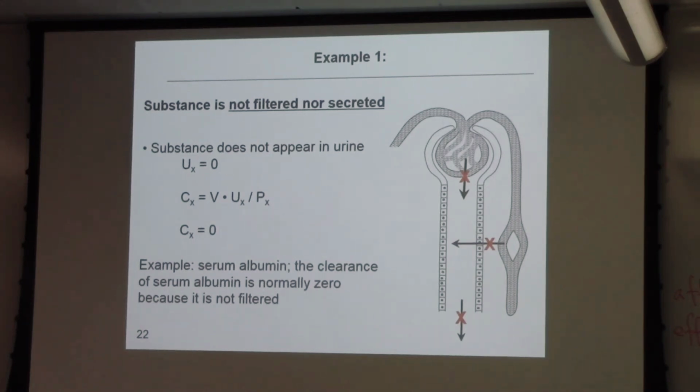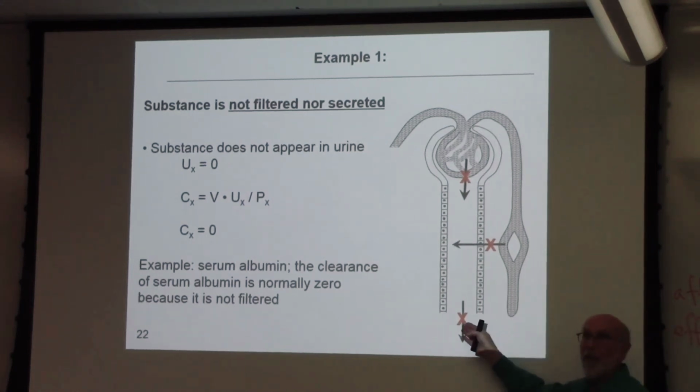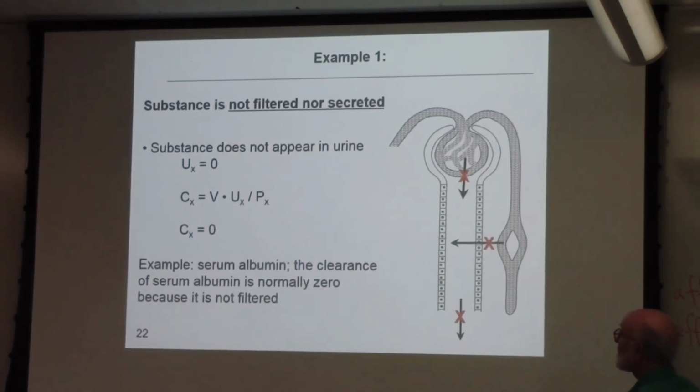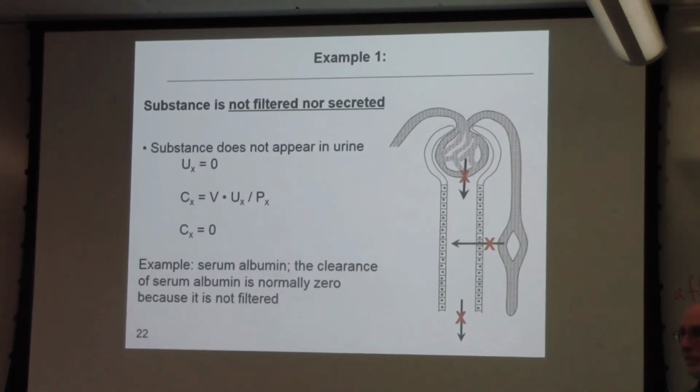So there are simple tests for testing albumin in urine. It's called proteinuria, protein in the urine. Proteinuria can be a symptom of just exercise. So if you exercise and then do a urine test, you might find some albumin in your urine. Not a problem. If you have chronic albumin in your urine, that could be a sign of kidney disease. But clearance of albumin is usually 0 because we don't filter it and we don't secrete it. So there's nothing in the urine. So U sub X, U of albumin, is 0. So clearance of albumin is 0.